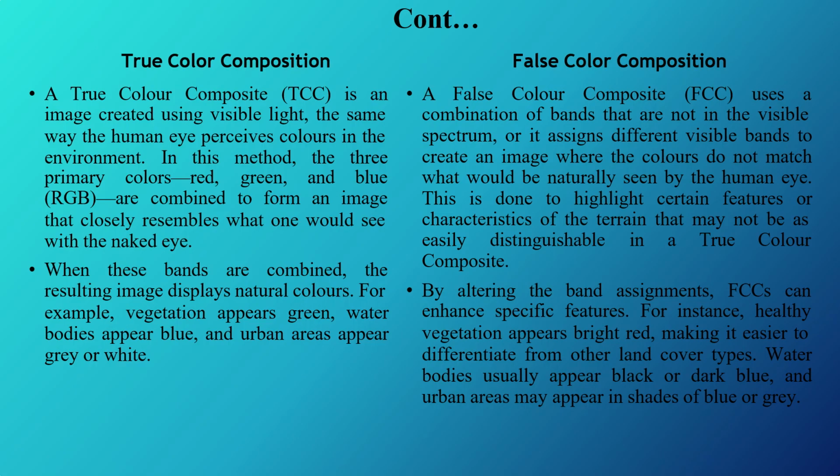A false color composite uses bands outside the visible spectrum or rearranges visible bands. This enhances specific features. For example, healthy vegetation appears bright red, water bodies appear dark, and urban areas appear bluish or gray. FCC helps in identifying vegetation health and land cover types more effectively.